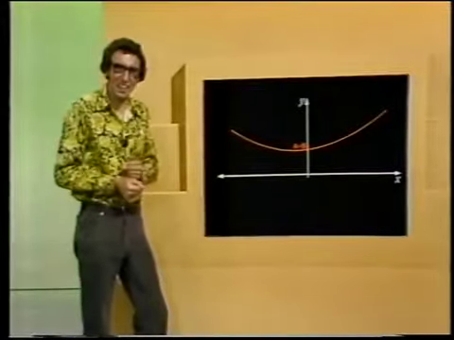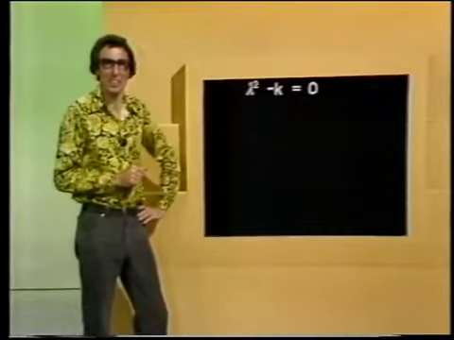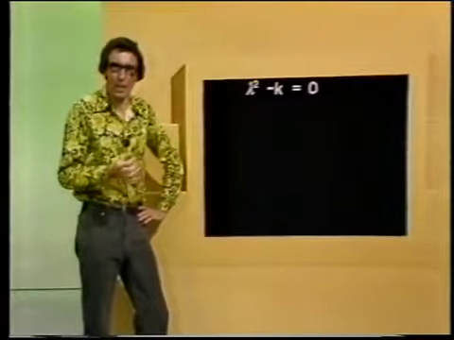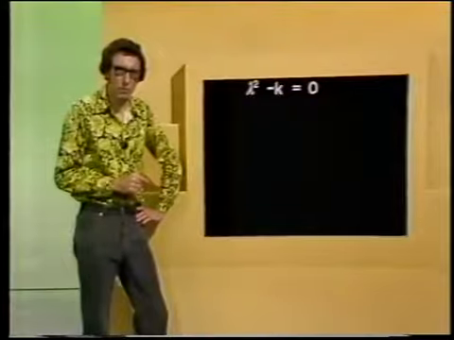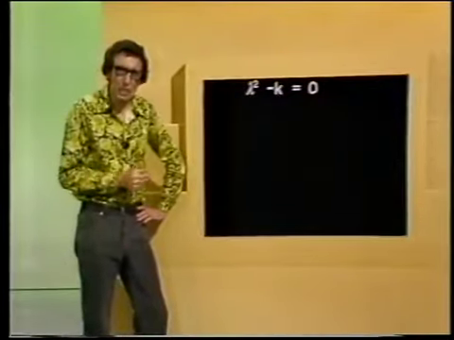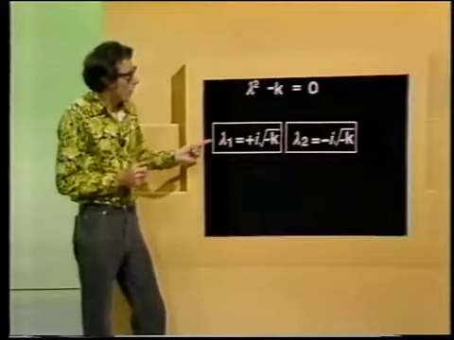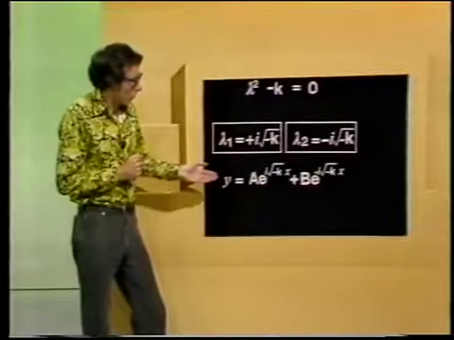Well, that's fine, so far as it goes. But I've been making an assumption that that constant k is positive. If it's negative, we're going to have to be careful about those square roots. If k is negative, we get imaginary solutions of the auxiliary equation. Then we can write the general solution of the differential equation in this form.